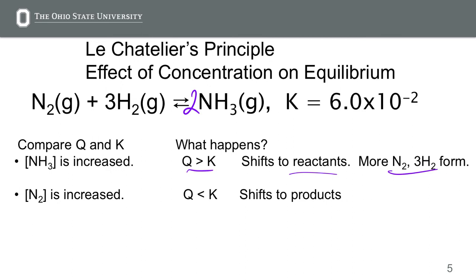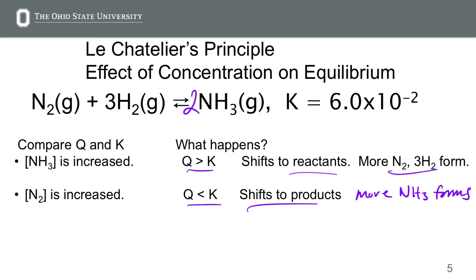If we increase the concentration of one of the reactants, say we add more N2, we haven't affected anything else. Now we've got additional reactant. If we calculate Q, it's going to be less than K, and the reaction shifts towards the products, and more ammonia is formed.